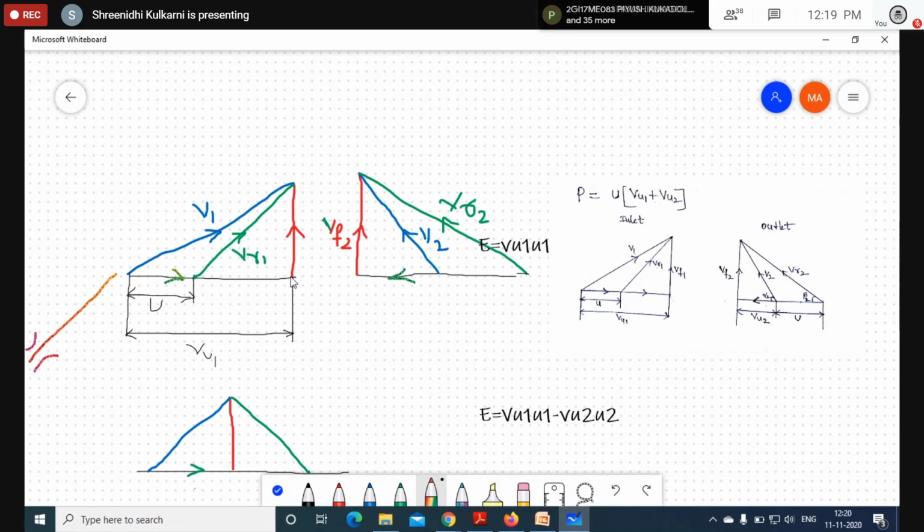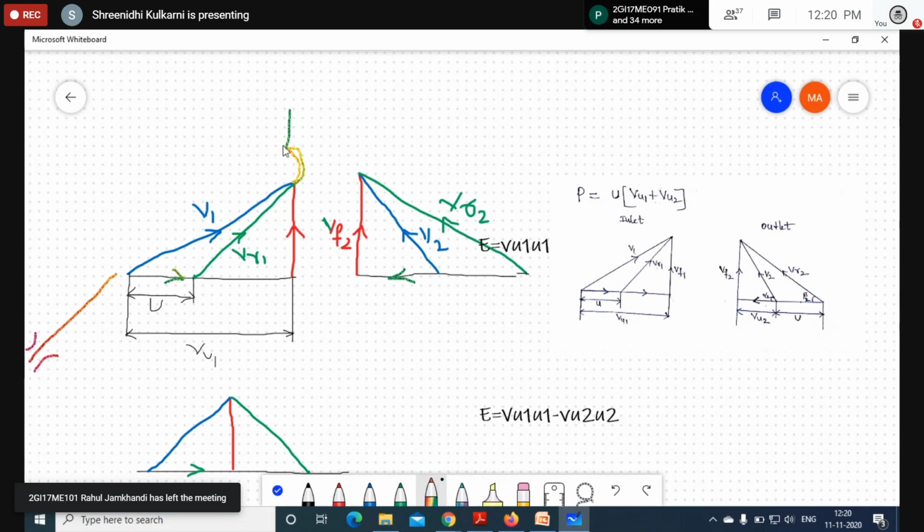Similarly at outlet, suppose this is the blade, so the outlet will be here. I will take this velocity triangle. In which direction? From bottom to upward direction.